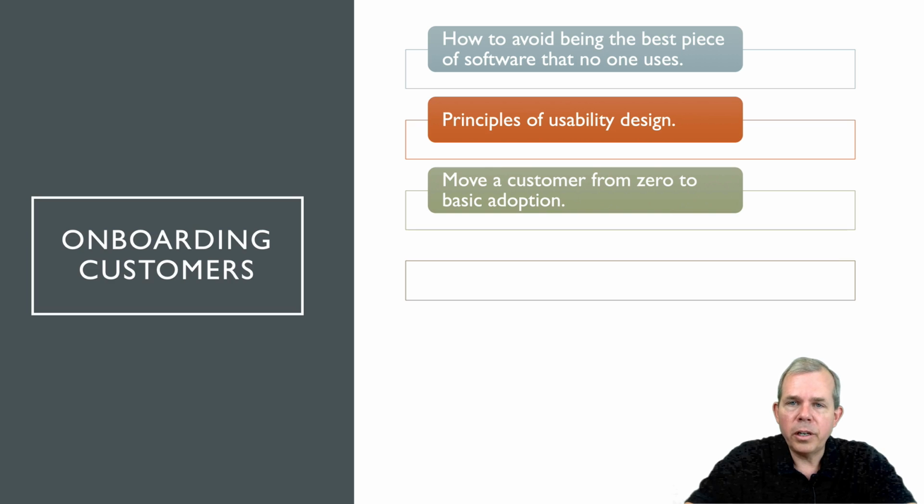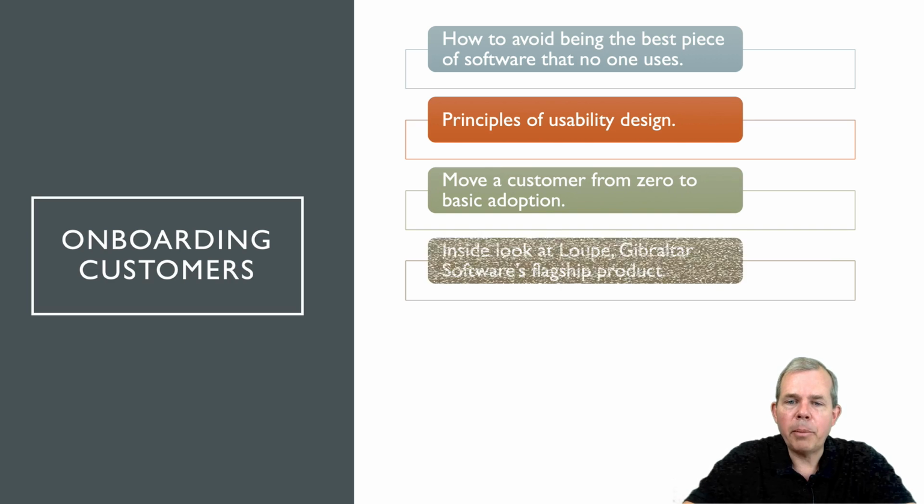We want to move our customers from zero to a basic adoption, and then we've seen inside of how Gibraltar Software looked at their process, sometimes called a Byzantine process, of making a user jump through some hoops to get into the actual view so they can make a judgment to say, this is software that I need. So I hope that you've learned something that would apply to whatever program you're building.